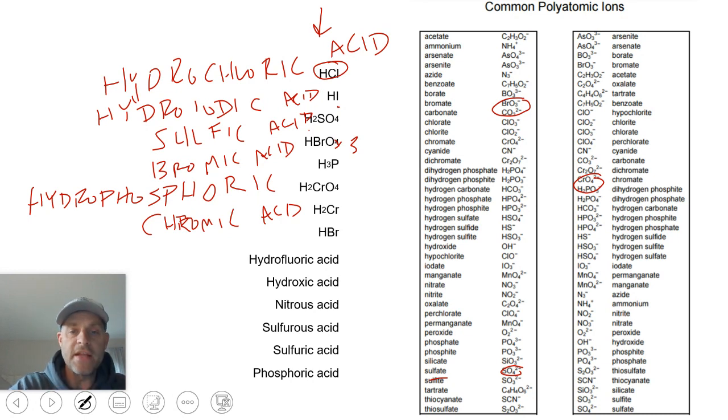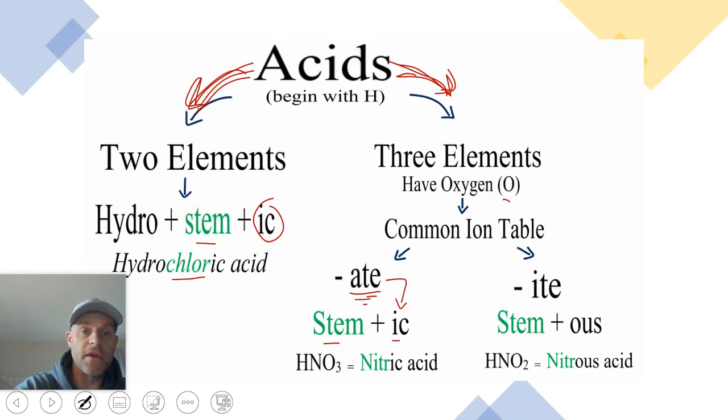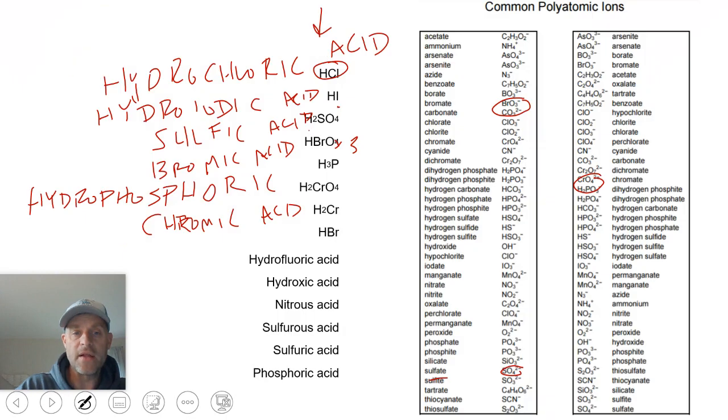2 more. H2Cr. There's only 2. So what's the rule? I'm going to go to the left. It's going to start with hydro. It's going to end with ic. And then what's the stem? Well, Cr on my periodic table is chromium. Okay, what's the root word is chrom.